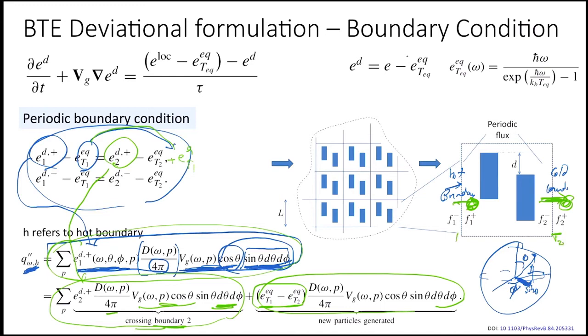This wall is at T2, this one is at T1. So we have to take care of that distribution, and generate these new particles through this T1 minus T2 distribution. Previously, if there were no periodic conditions and everything was uniform, then we could simply insert the particle if there was no temperature difference. But now since there is a temperature difference, we have to subtract, or take this T1 minus T2 equilibrium distribution, and generate the particles following this distribution.